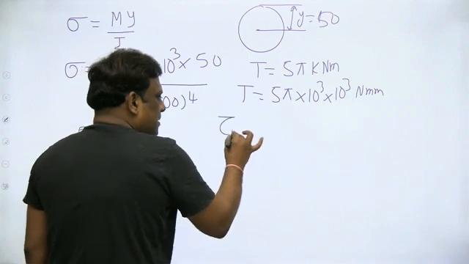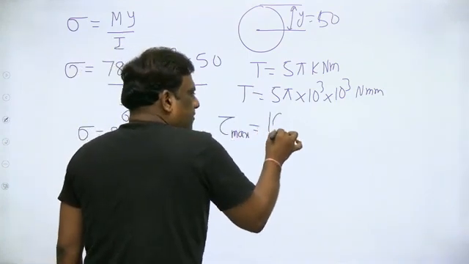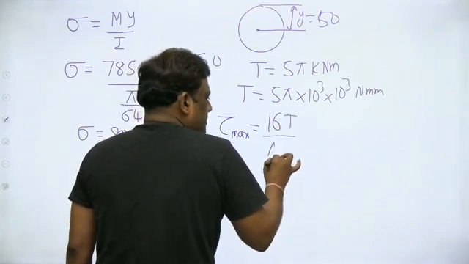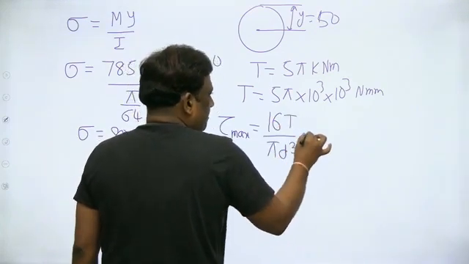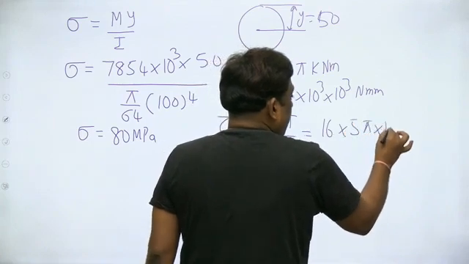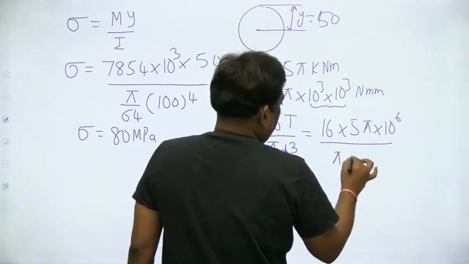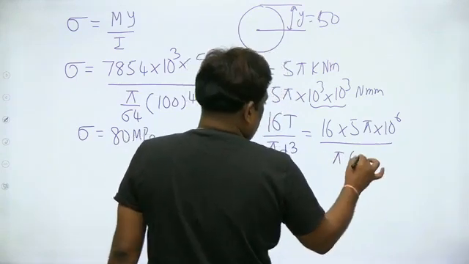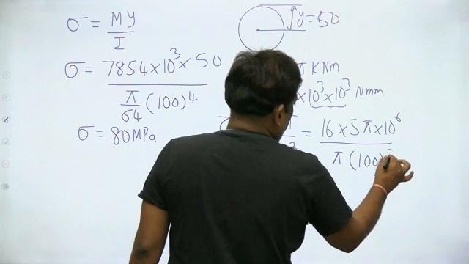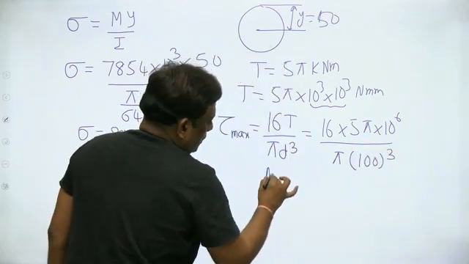And the maximum shear stress because of the torque is given, from my fundamental equations, by 16T by pi d cube. The torque is 5 pi into 10 power 6, by pi d cube. The diameter is given as 100 power 3. Let's check the unit. Torque is taken in Newton mm.